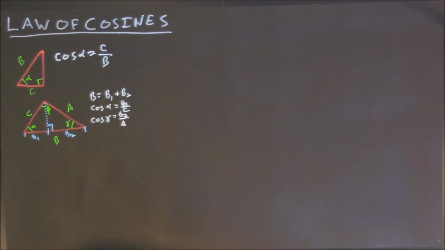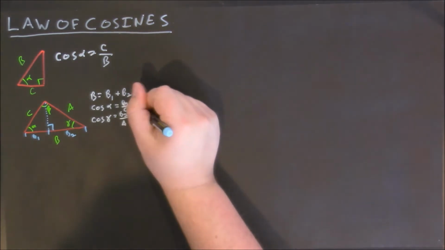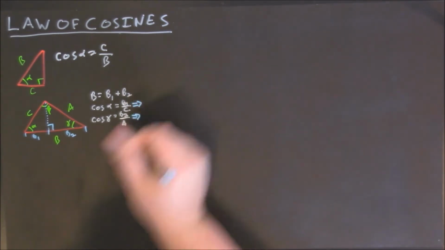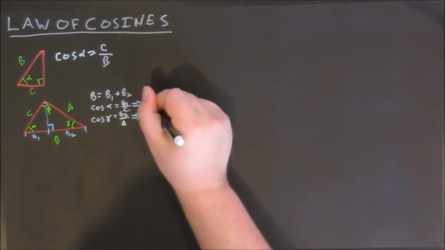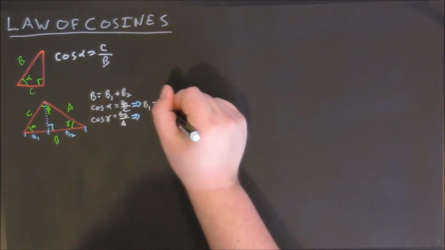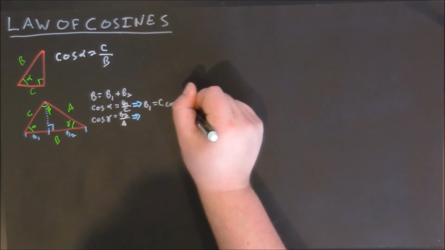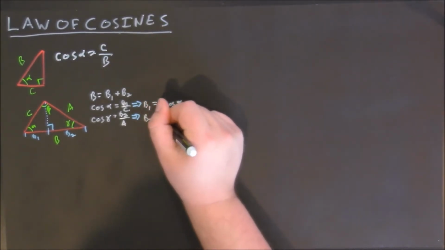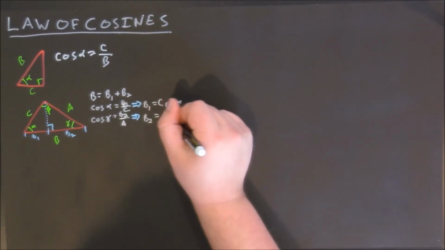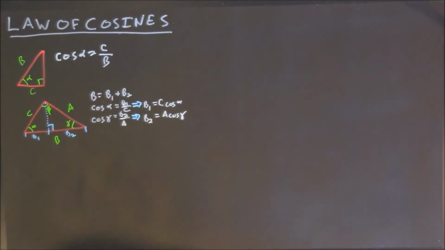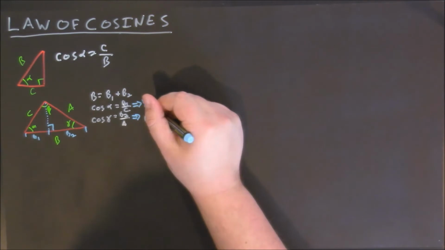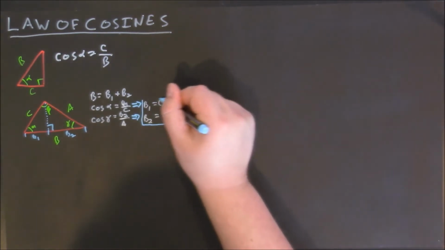So let's rearrange these equations so we can get rid of B1 and B2. So B1 is equal to C cosine alpha, and B2 is equal to A cosine gamma. So now we have two equations, one for B1, one for B2.